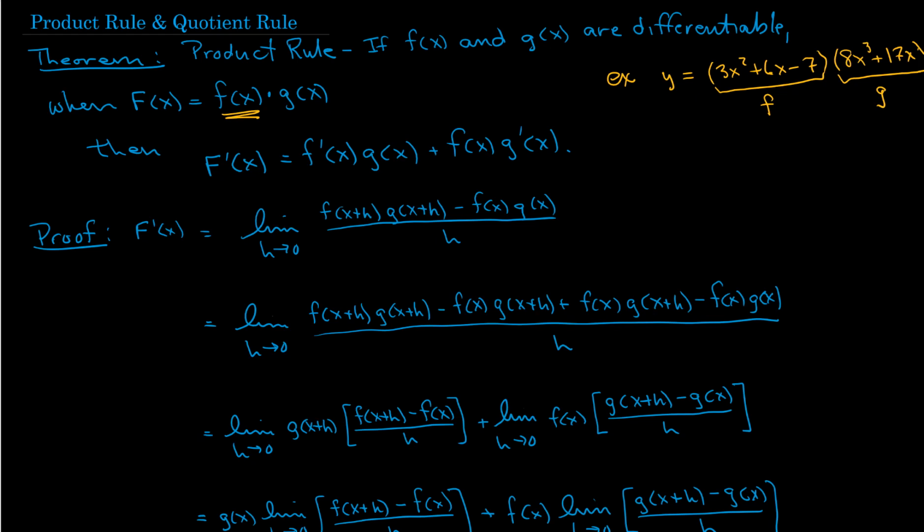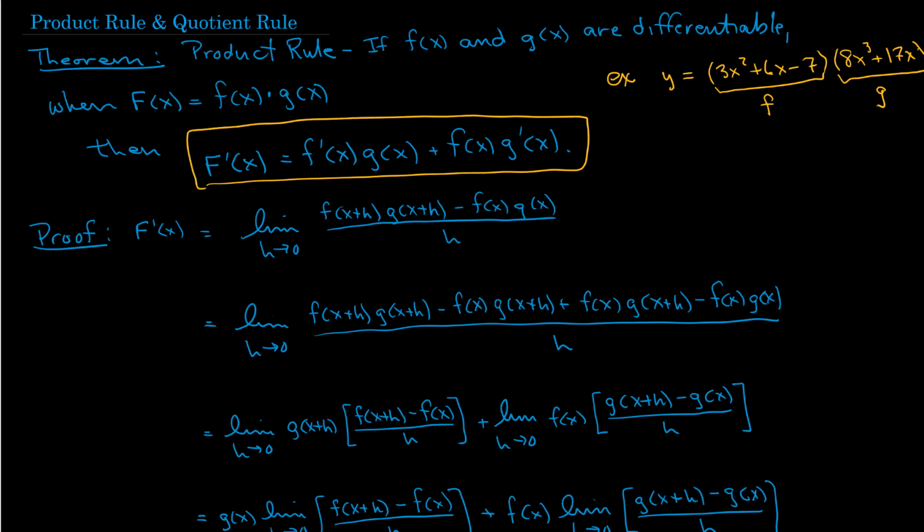What the product rule says is if you have two separate functions multiplied together, you can compute the derivative of the entire function by computing the derivative of the first part times the second.